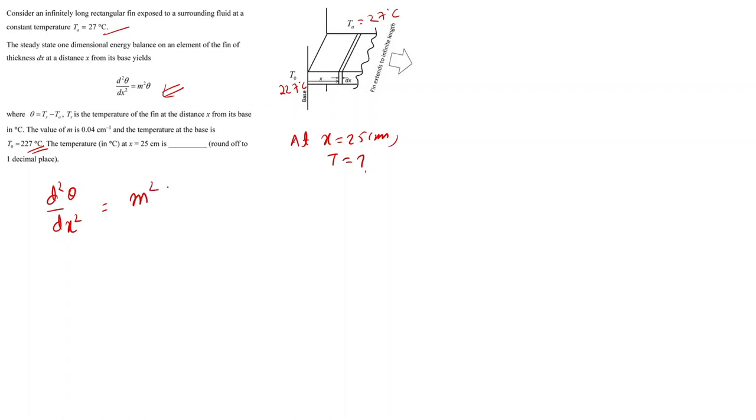So this is a second order differential equation, and we know that the roots of this equation of the form d square theta by dx square is equal to m square theta will be plus or minus m.